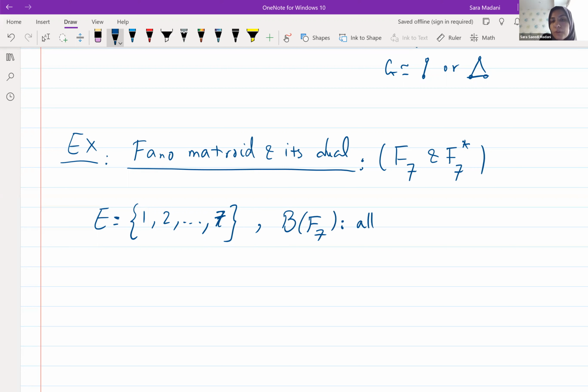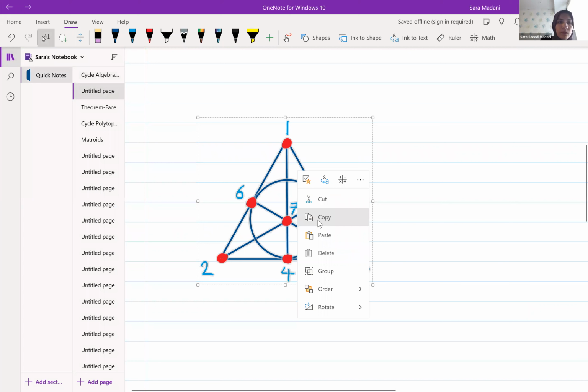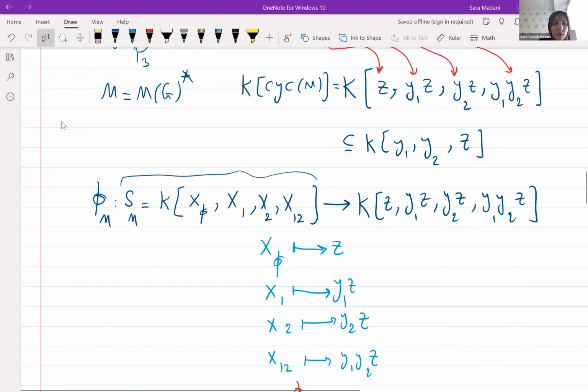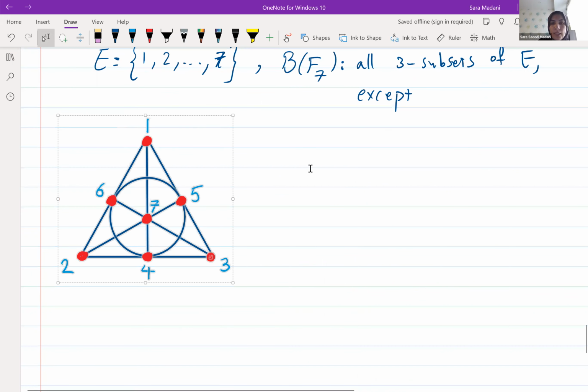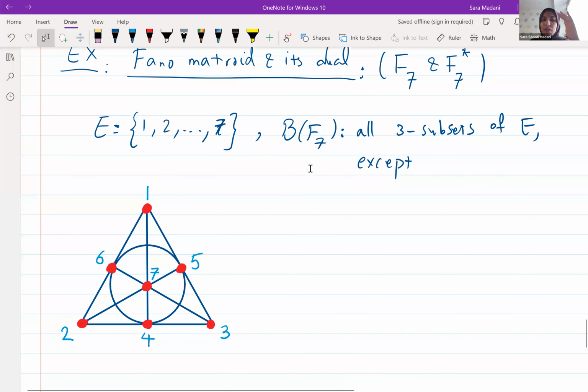So all 3-subsets of E, except those 3-subsets that you see in this picture on the lines, the different lines you see here, and one curve, the circle in between.